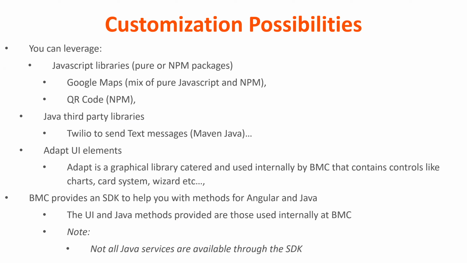It's pretty much the same idea. When a BMC team wants, for example, a lifecycle bar, like I showed earlier, instead of each team creating its own lifecycle bars, they go to the Adapt team and say, we need a lifecycle graphical element. And if it makes sense and it can be reused across different teams, the Adapt team creates this graphical element and different teams can use it.